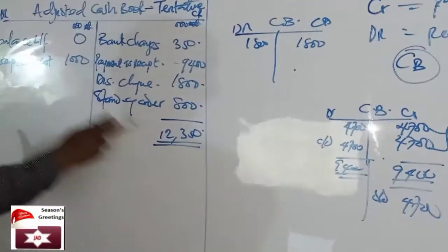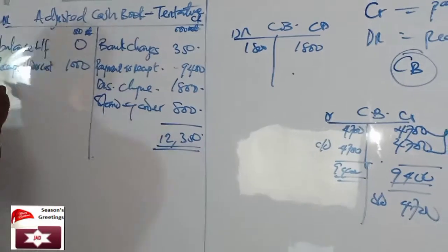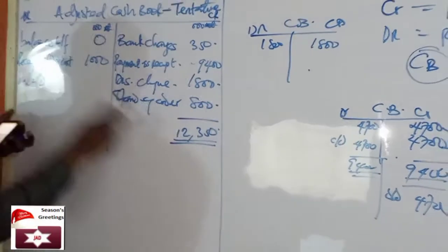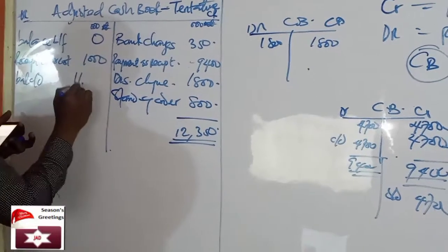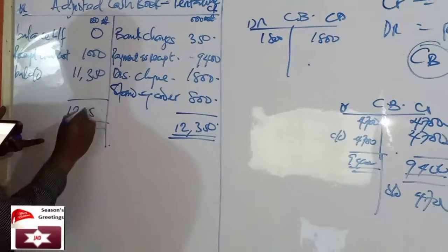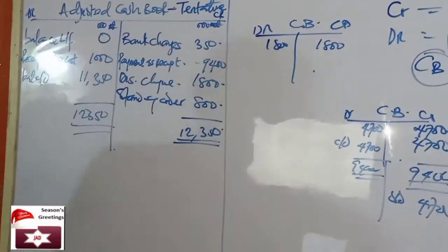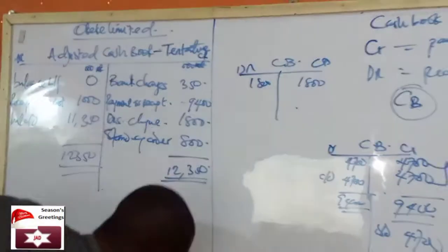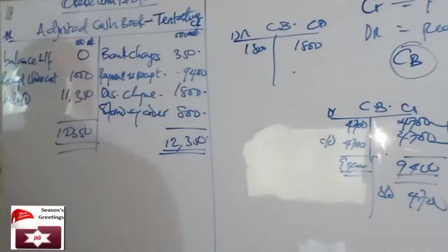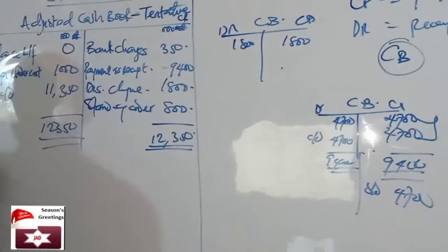Here is 1,000. So 12,350 minus 1,000, you have a balance carried down. Tentative, that will be 11,350. So tentatively, our adjusted cash book balance is 11,350.